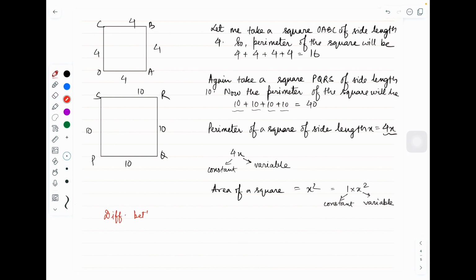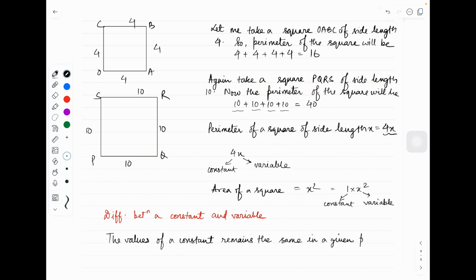Difference between a constant and a variable: the value of a constant remains the same in a given problem or situation.